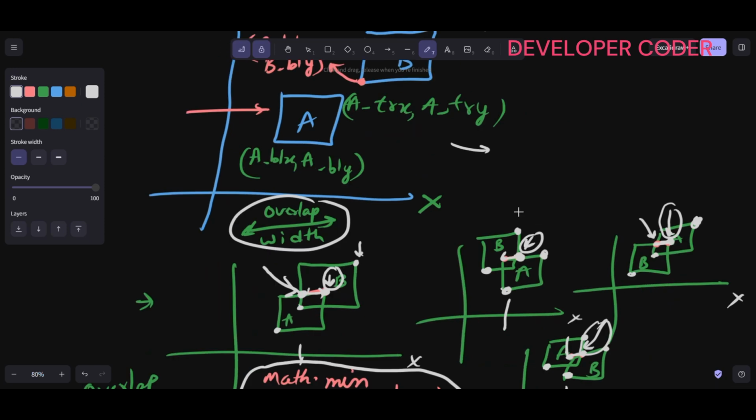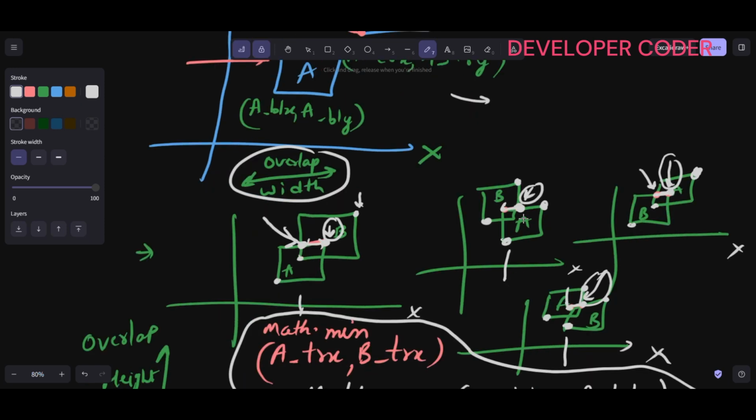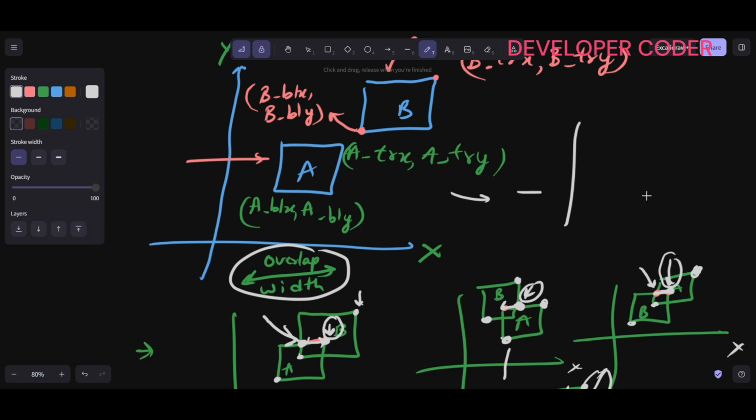So that simply means if overlap width is greater than 0, both are intersecting, there is some overlap width. Now there may be a case for boxes like this, A and B here, but these two also are not completely overlapping, only one edge is touching.